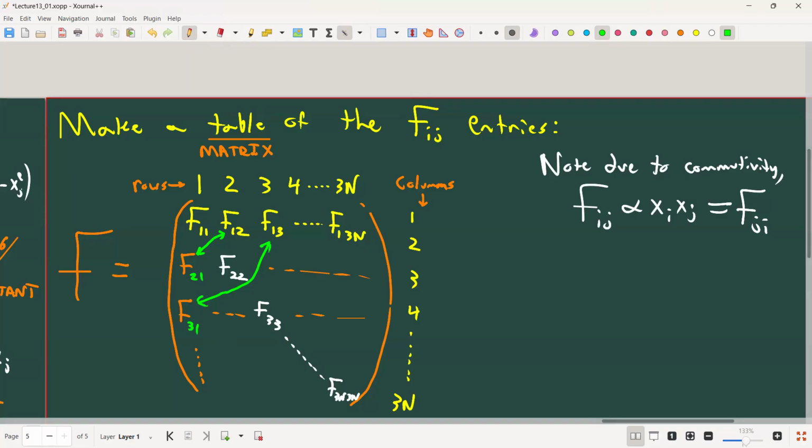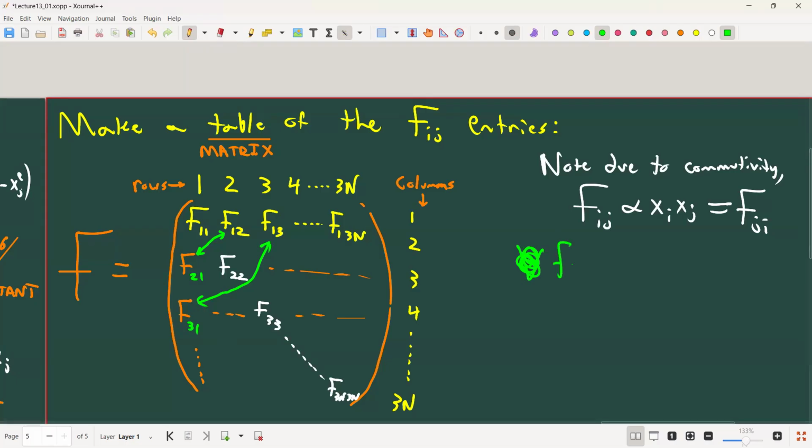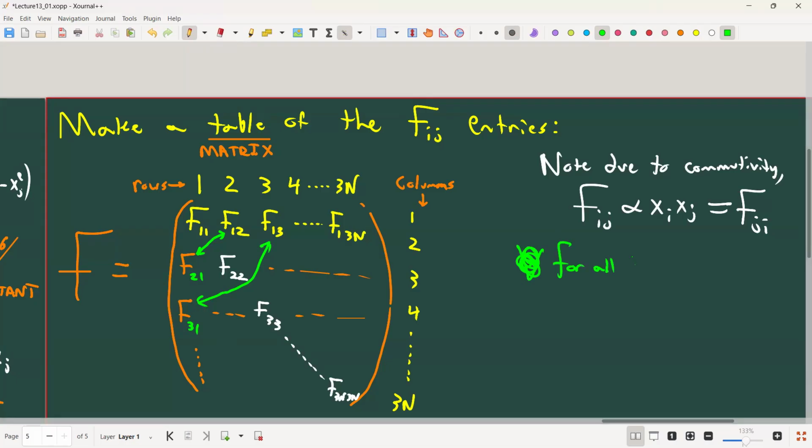Here's another thing. For all i, all j, Fij is greater than 0. Sorry, I'm having my math minor come out. Remember, the force constants are measured at the bottom of the potential, which is always convex up. So it's at a minimum, therefore the second derivative is always positive.